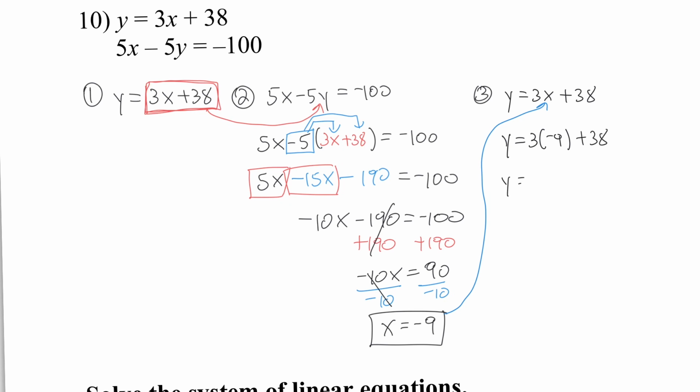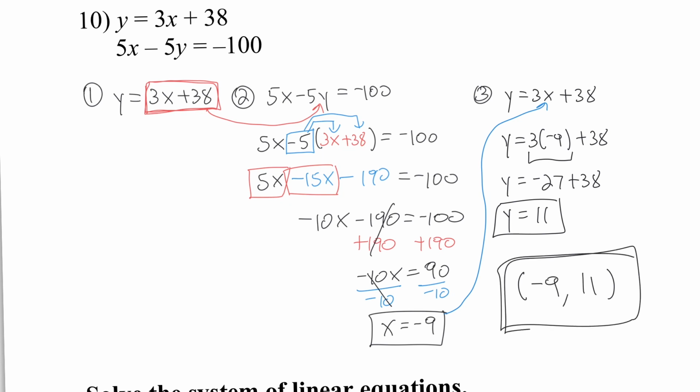So y equals, you multiply the 3 times the negative 9. That's negative 27 plus 38. And you simplify. Negative 27 plus 38 will be positive 11. So we got the y value. So my answer will be (-9, 11), x goes first, comma, 11.